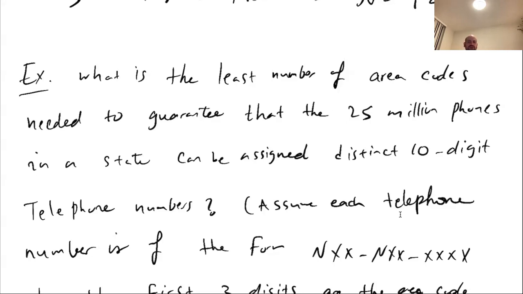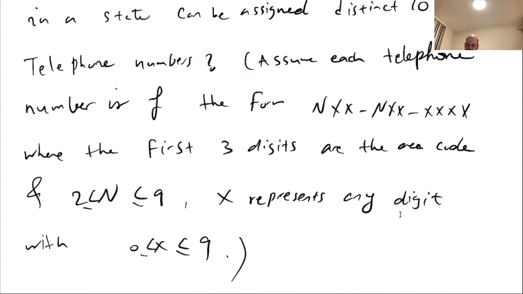Now for 25 million people, how many area codes do we need? So how do we calculate this? We need to ensure that every person has a distinct phone number. Every phone number is of this form, NXX-NXX-XXXX, where N is a number between 2 and 9, and X is a number between 0 and 9.